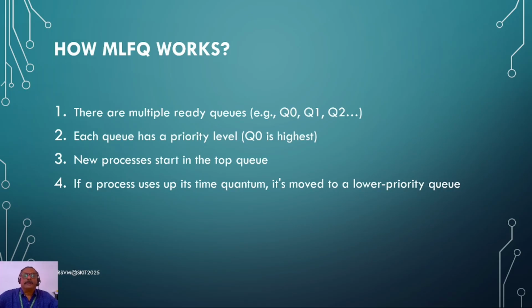The time quantum varies from queue to queue. In the highest priority queue the time quantum may be small, and in the lowest priority queue the time quantum may be large.